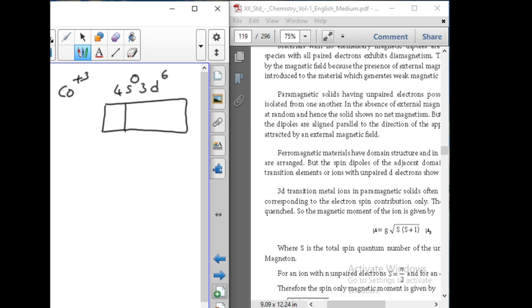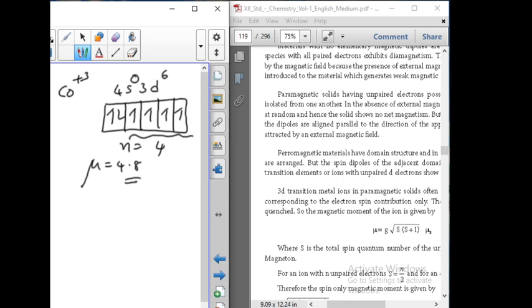How many unpaired electrons in d6? 1, 2, 3, 4, 5, 6: the number of unpaired electrons is 4. So the n value is 4, which means the magnetic moment value is 4.8.